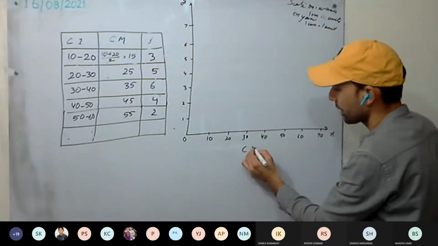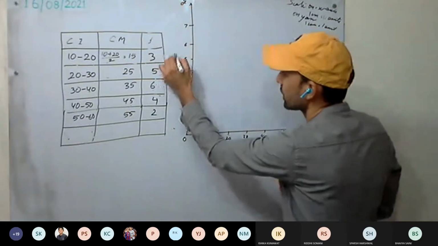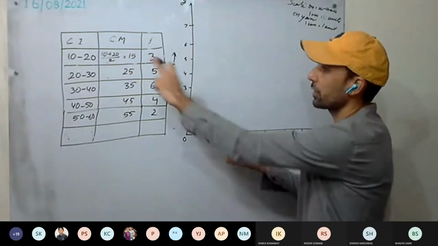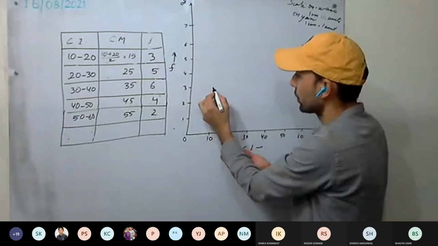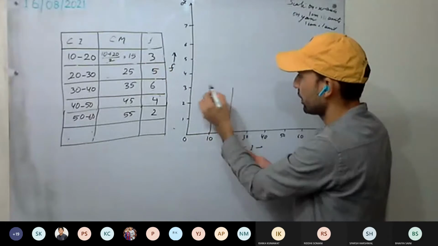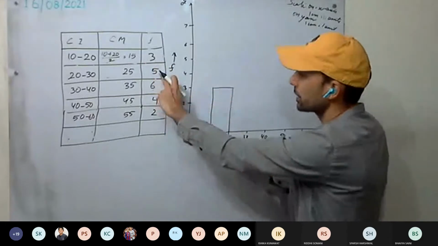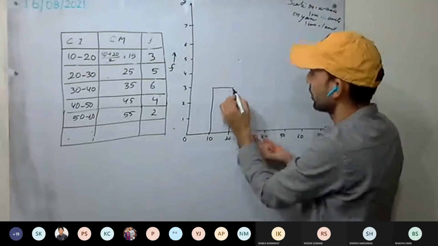Y-axis frequency, x-axis class intervals. So 10 to 20, what is the frequency? 3. Draw up to 3. Next, 20 to 30, 5.